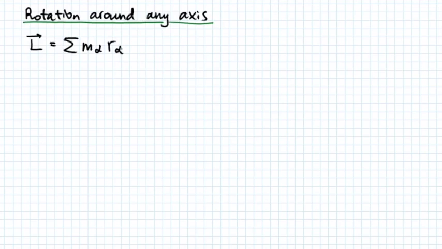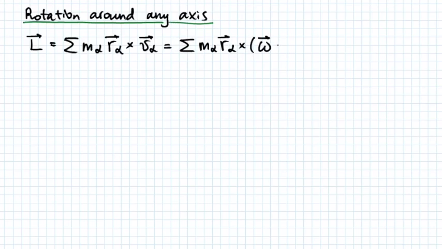We know that the total angular momentum is given by the sum over all the chunks alpha of the solid body: r alpha cross the velocity of this chunk, which is entirely due to rotation and therefore can be written as m alpha r alpha cross omega cross r alpha.